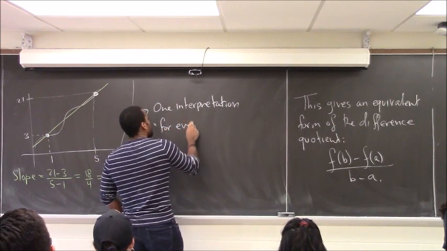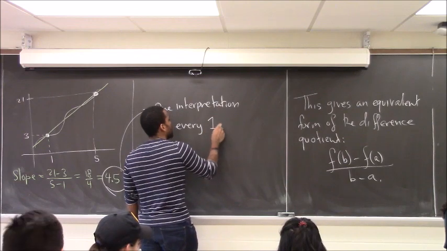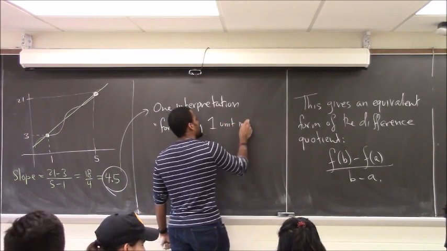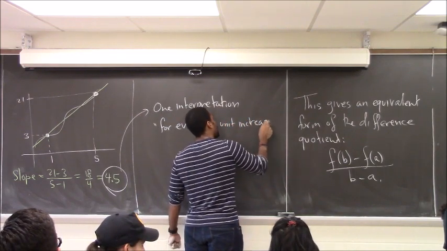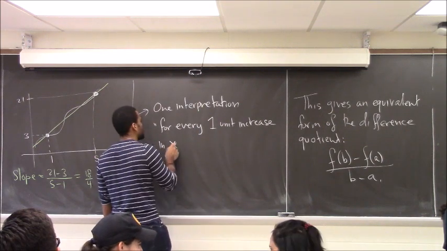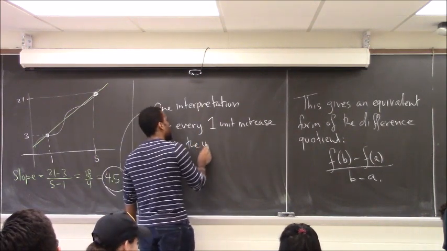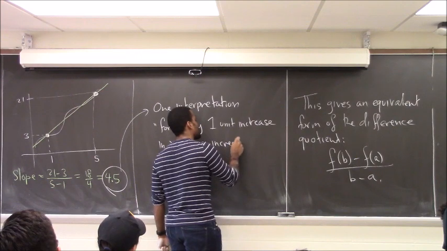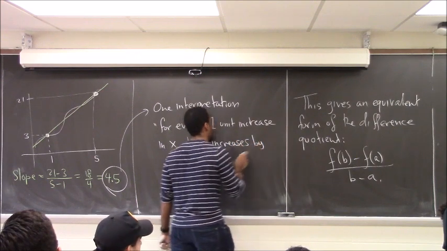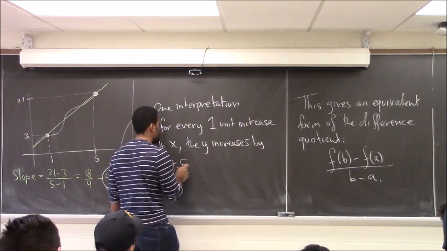For every 1 unit increase in x, the y increases by 4.5 units.